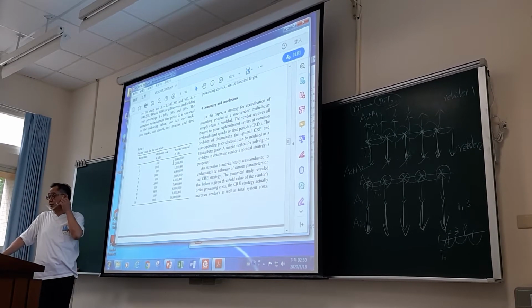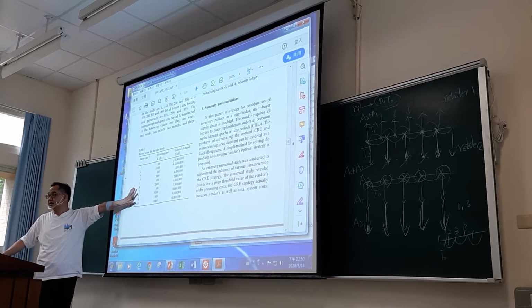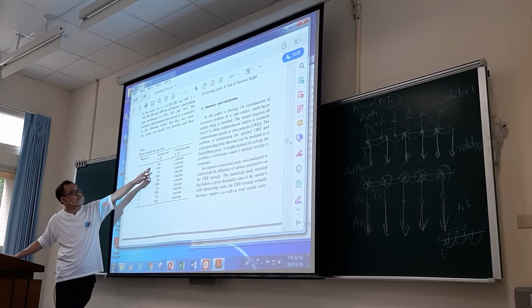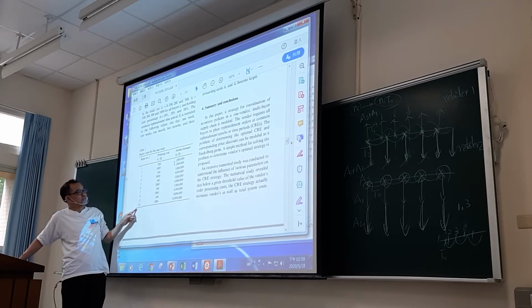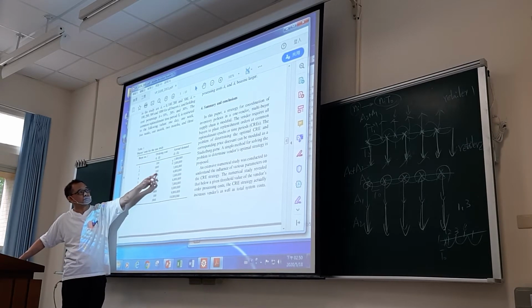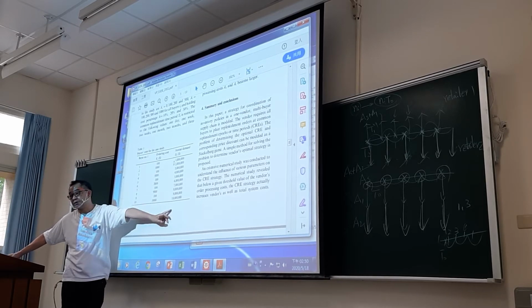Also, you need to do your homework based on this example. Okay, so see the ordering cost for one of the retailers is 100, 1,100, and so on. That's the annual demand.